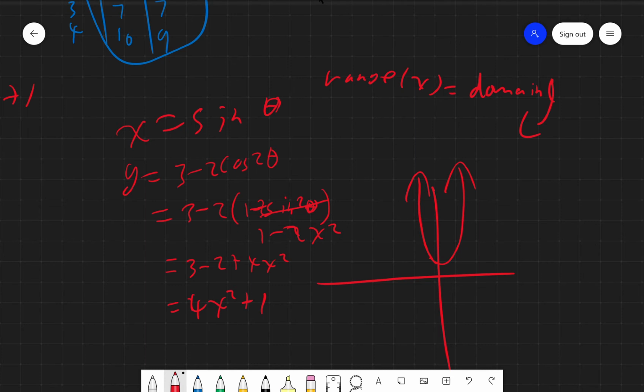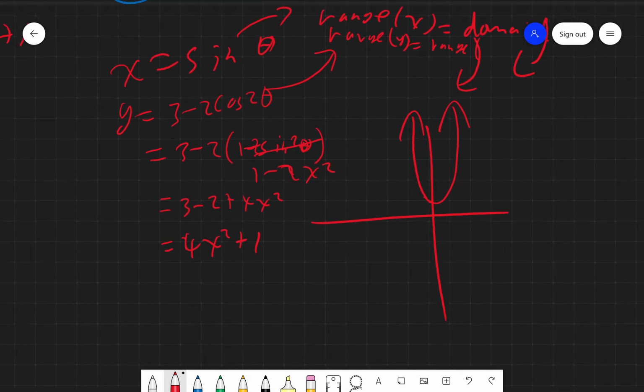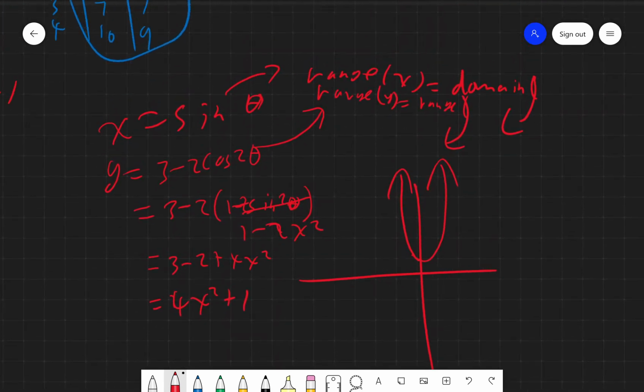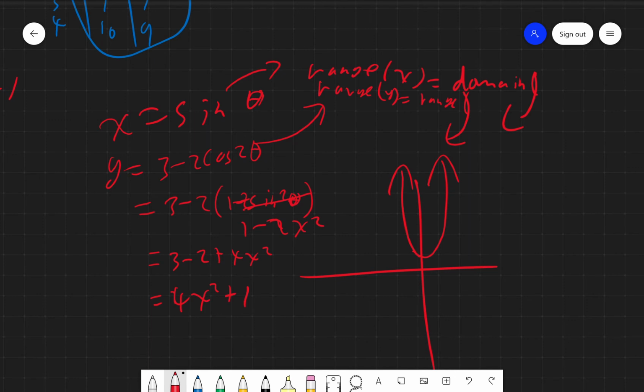And now the range of y, this y thing, is equal to the range of this thing, right? Now, you might be wondering, why is that? Well, the y coordinate is all possible y, so the range is all possible y values, and so that's defined by this.